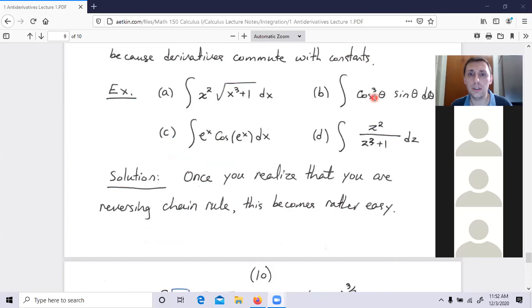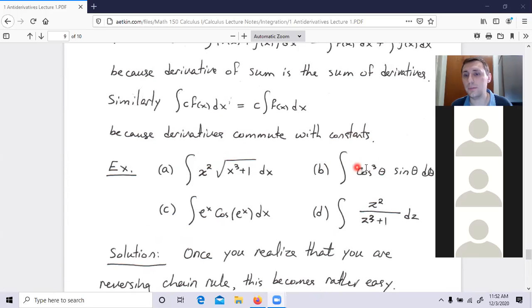Okay, good. Now let's see how well you understood. Look at B, guys, and tell me what's the answer for B. If you understand it, you should see it very fast.